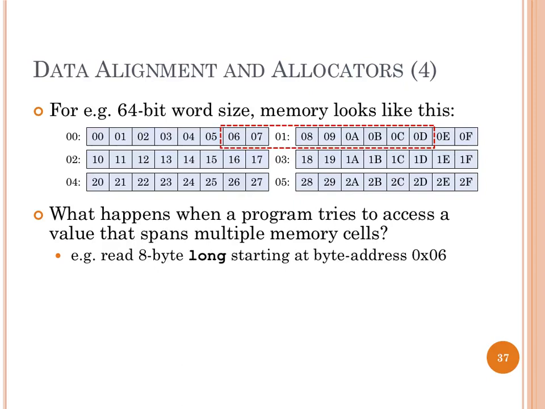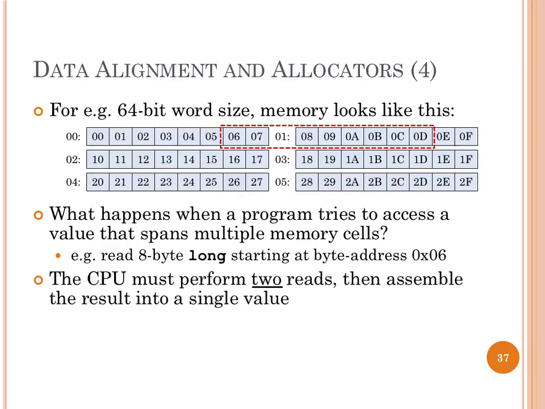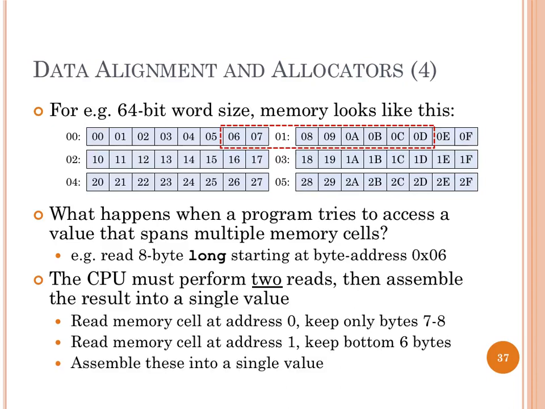Because you can see that it has to pull the first 2 bytes from the first memory cell that this thing is living in, and then it has to pull the rest of the bytes from the second cell that it falls into. So read memory cell at address 0, keep only bytes 7 and 8. Read memory cell at address 1, keep the bottom 6 bytes, and then put them together for us. Annoying, huh? Thankfully, the processor does all of this for us.